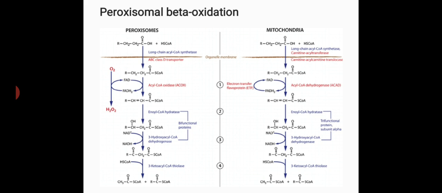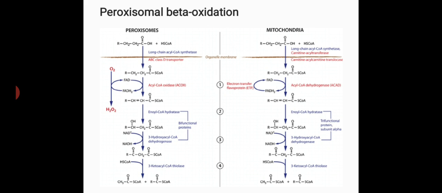FADH2 and NADH produced during peroxisomal beta oxidation is not coupled to oxidative phosphorylation. The electrons from FADH2 in the peroxisomes are directly transferred to oxygen, which is reduced to hydrogen peroxide.